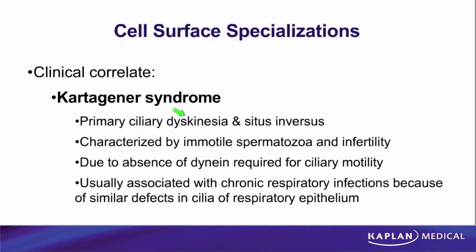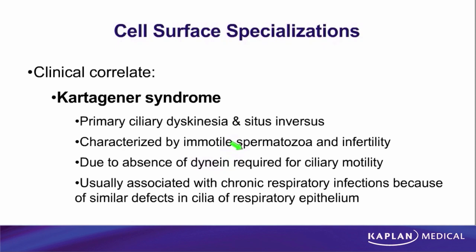And the reason they are not motile is because the dynein side arms are missing from these microtubules. So if there's an absence of the dynein side arms, then those microtubules will not provide motility, and therefore the cilia will not be motile, the sperm will not be motile.